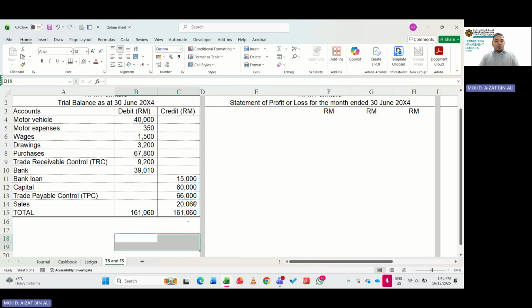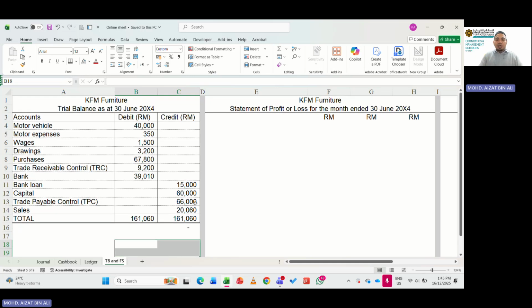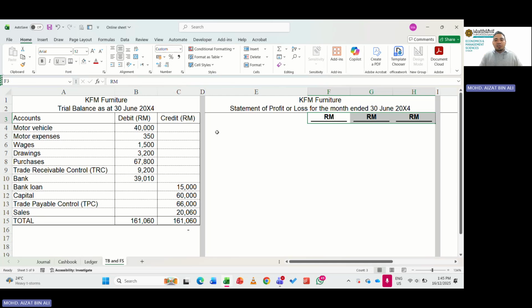Now this is the trial balance. The next step would be to prepare the statement of profit or loss. Please use the correct title. I need to remind you on this because in the older textbook, the blue colored one, it was written statement of profit and loss.